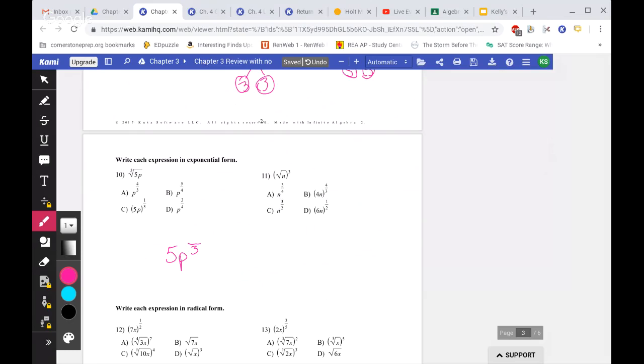And if it doesn't have anything on the outside, there's a 1 that's understood, and that's your numerator. So it's going to be this. For number 11, you write your n, whichever is in the radical, and whatever is in the check mark, that's your denominator. So that's 2. And then the power on the outside is the numerator. So that's 3.